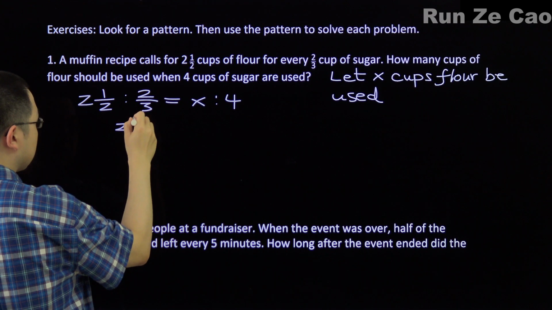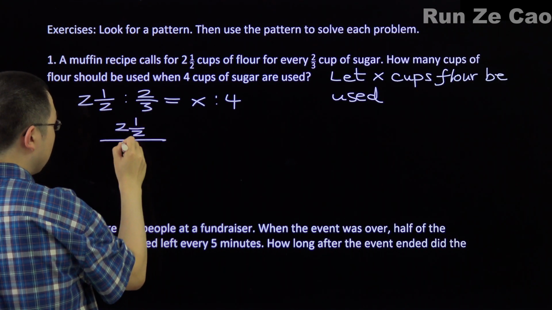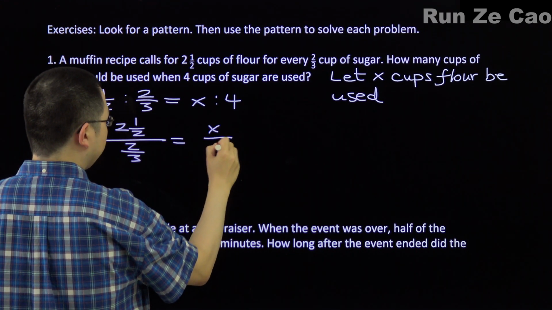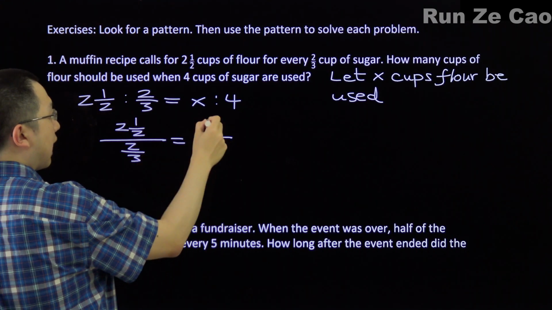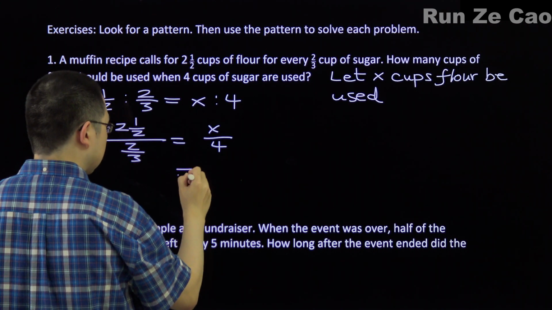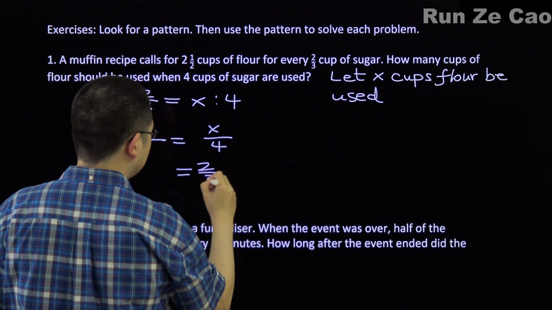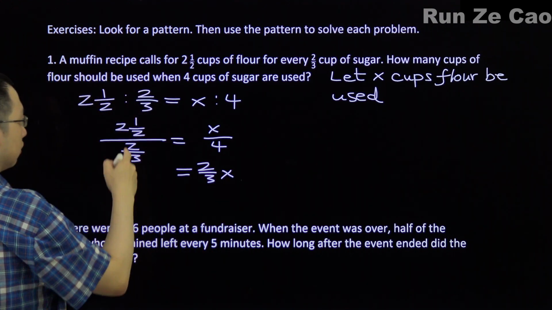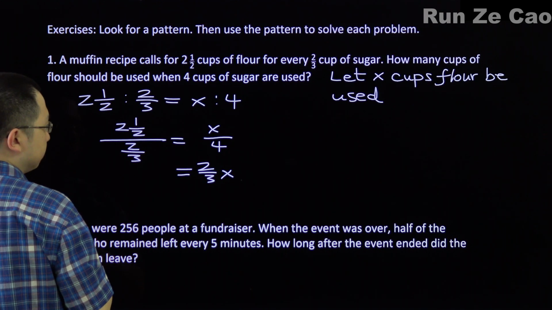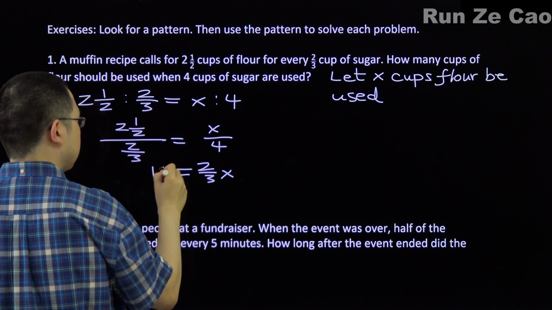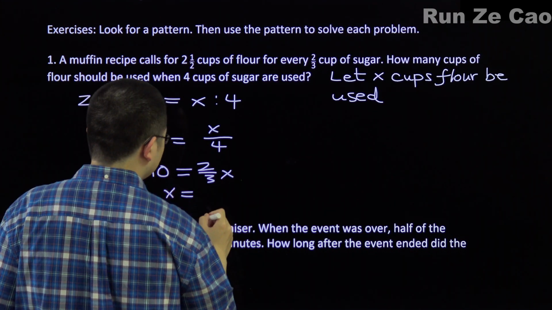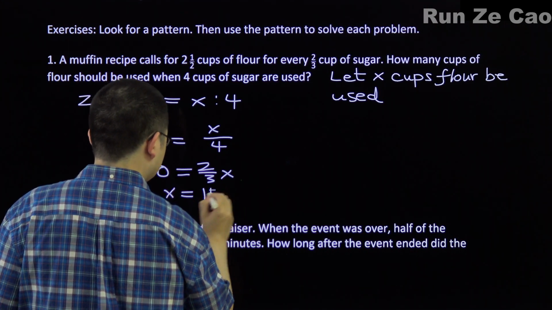You can rewrite this as 2.5 over 2/3 is equal to x over 4. You can multiply the denominators across at each other, and you would get 2/3 x is equal to 2.5 times 4. So 10. And x would therefore, of course, be equal to 15.